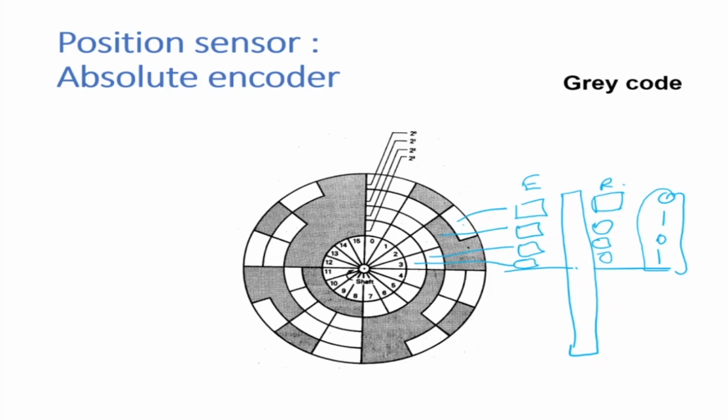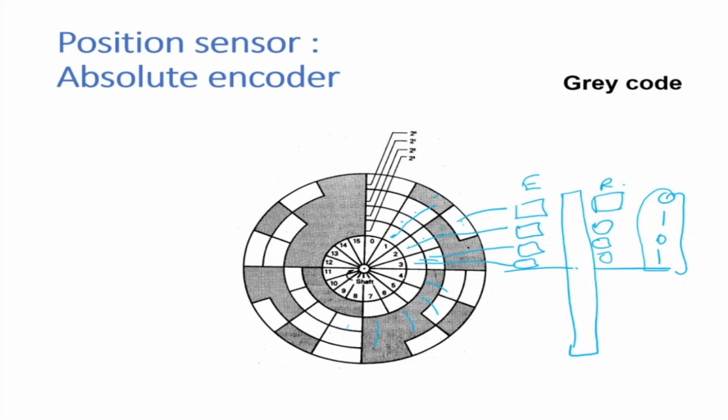Why? If you look at these sectors, this could be 0, 0, 0, 1. This could be 0, 0, 1, 0. That way, each of these sectors is unique. So the 4 bits that are going to come are going to be unique. So simply by looking at those bits, the controller can know where it is now.